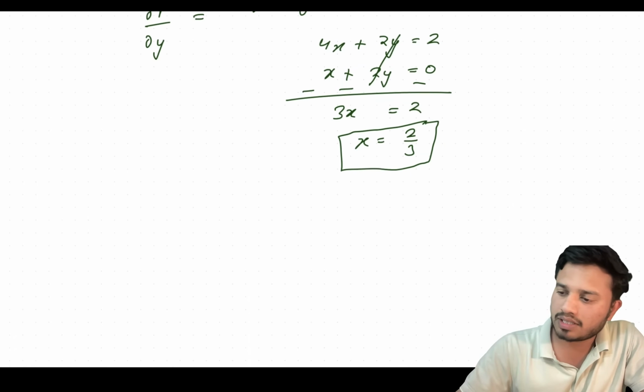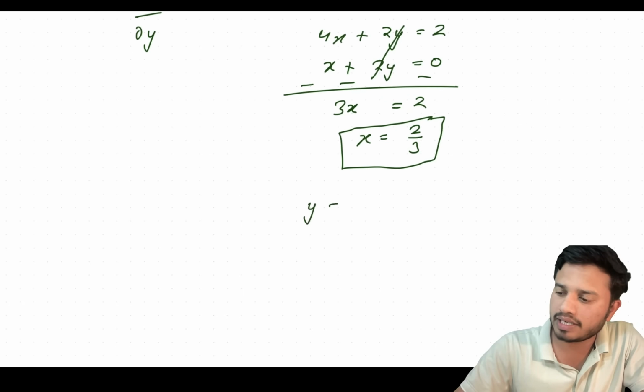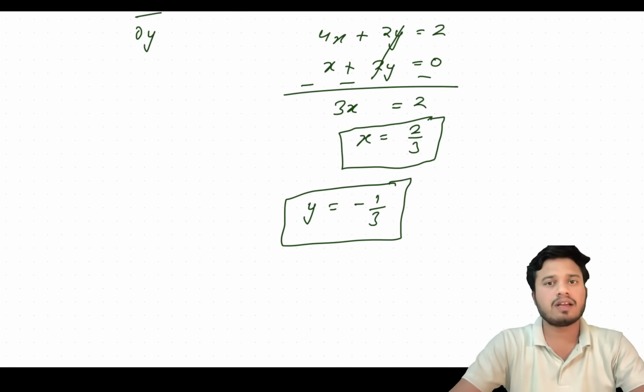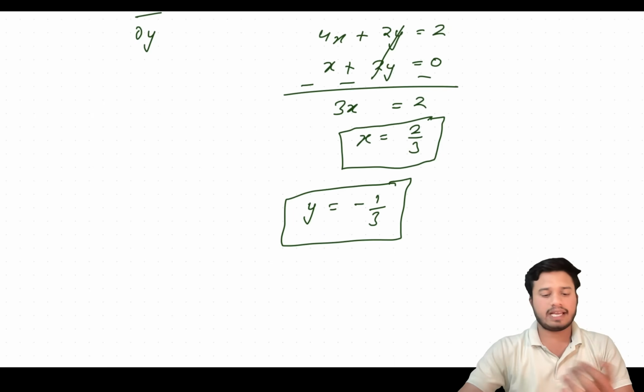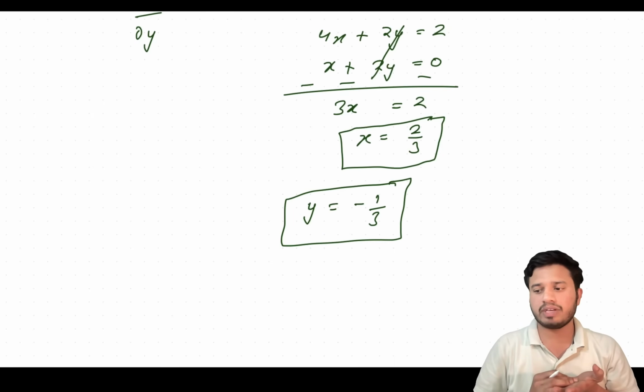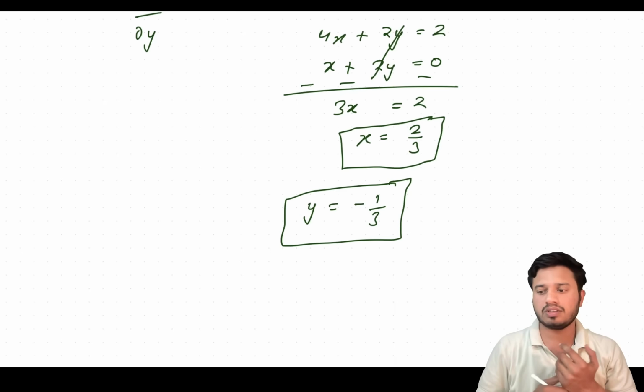Put them into the equation, and you will get the values of y. It is not as easy right now. In any situation, x can be 2 by 3 or 0, so there can be two roots.